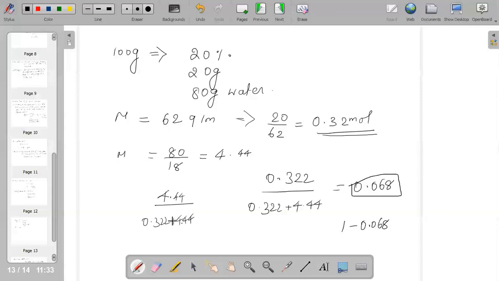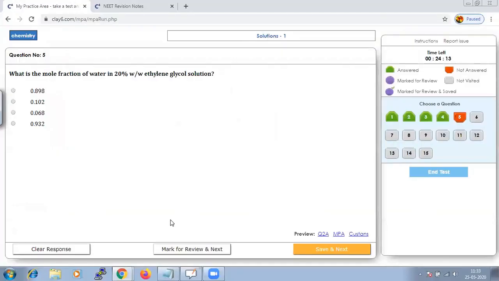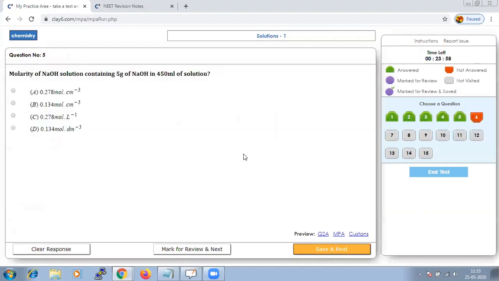Either way you can go, and if you subtract 1 minus 0.068, your answer should be 0.932. So option D should be the right answer. Let us save that and go to next.